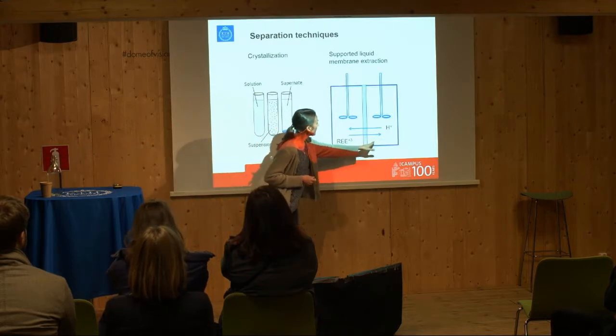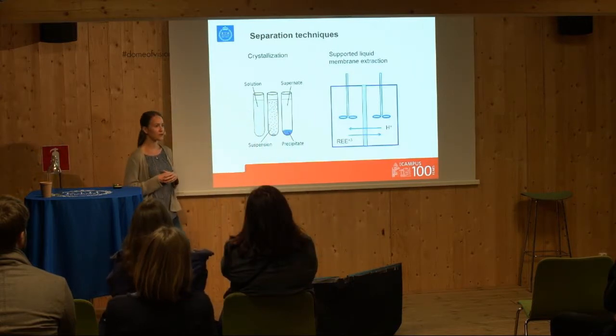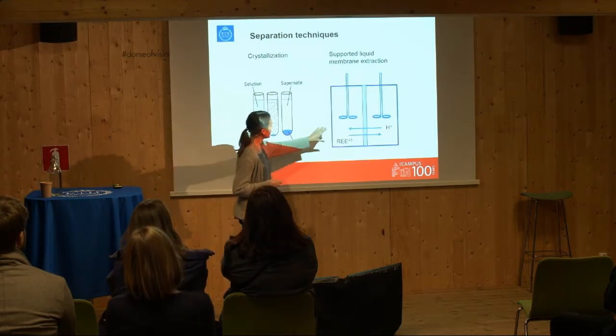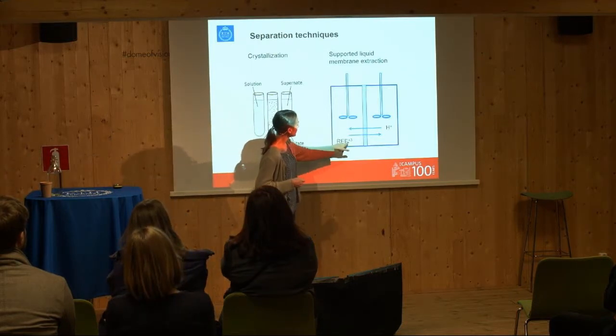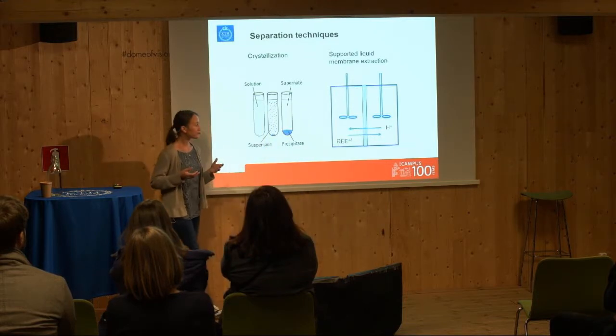And then on the other side of the membrane, you have your strip phase. So this is another aqueous phase where you want your rare earth elements to be transported to. So what happens here, you have specific conditions in the feed phase so that the rare earth elements form complexes with the extractants in the membrane.